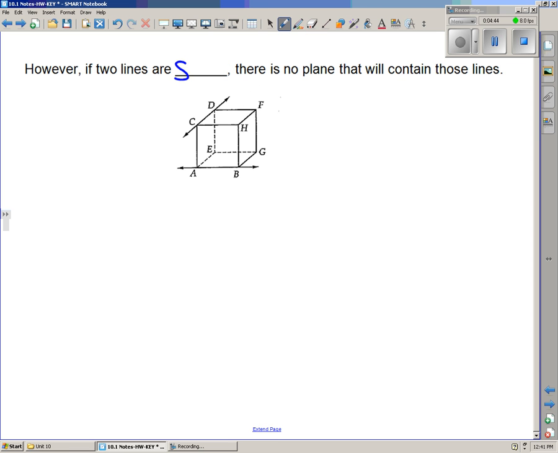And hopefully you can sort of see in this diagram, almost like in our classroom, where you've got a line maybe going across the floor from wall to wall, and a line on the ceiling that's going from the opposite wall to the opposite wall. They will never intersect. They're considered to be skew, and there's no way a plane is going to be able to contain both of those lines.